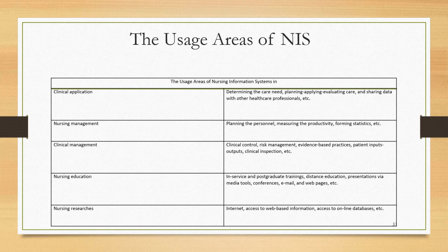So, nursing information systems are used in three fields: in general, clinical practices, management services, and training research. Nursing information system is used in evaluating and following the patient, defining the aspects of diseases concerning nursing, preparing care plans, providing and evaluating care, and sharing information with other healthcare professionals in the field of clinical practices.